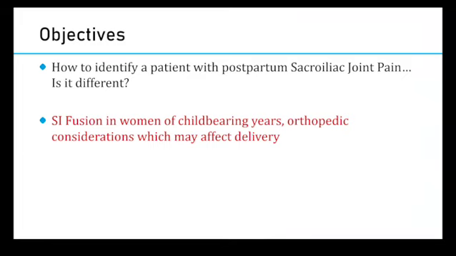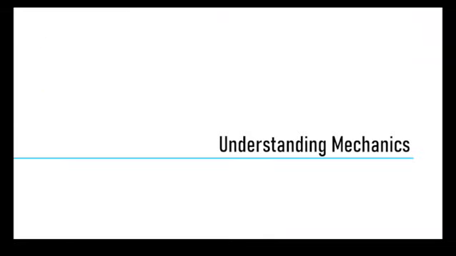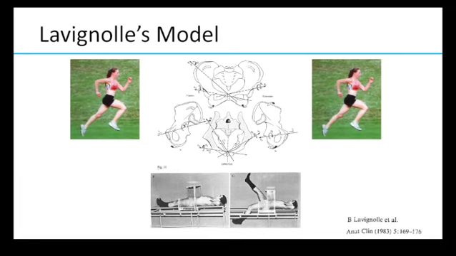So the next question: SI fusion in women of childbearing years, orthopedic considerations which may affect delivery. So mechanics. My preferred model for the sacroiliac joint and its motion is the Lavigno model. And what Lavigno said was when the right leg, in this case, is forward, the hemipelvis rotates backwards.